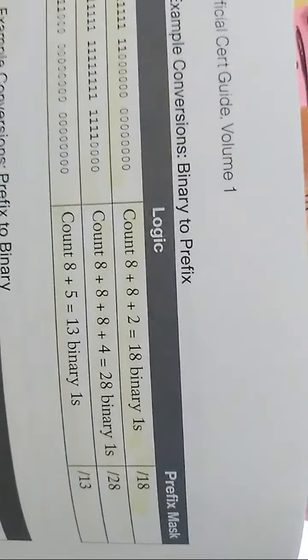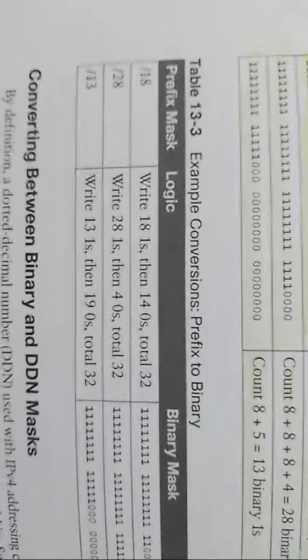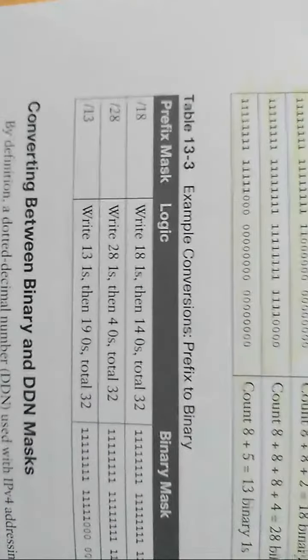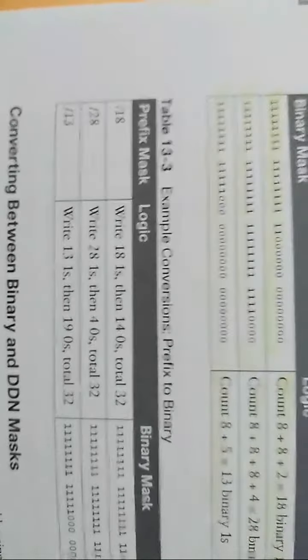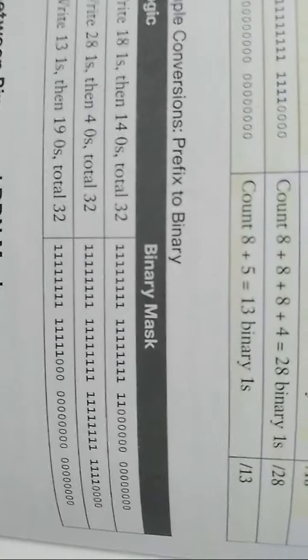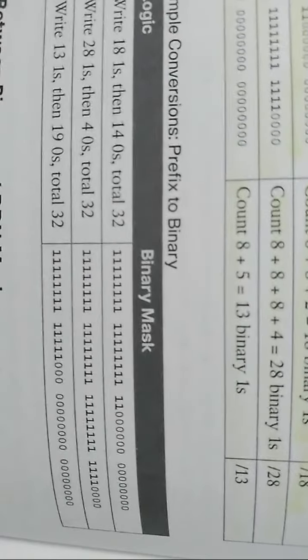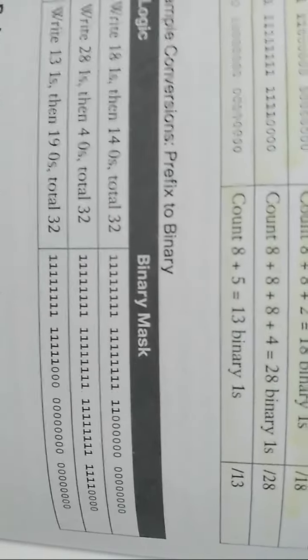Table 13-3, example conversions, prefix to binary. /18, write 18 ones, then 14 zeros, total 32. As you can see in the binary mask, the last row, 18 ones, 14 zeros, total 32.